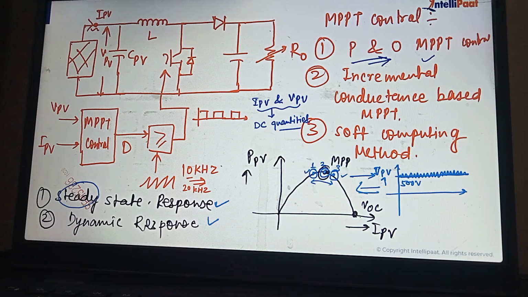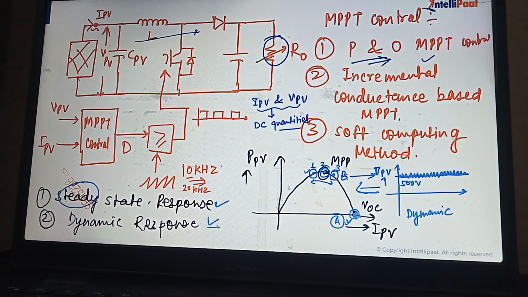Now, what is dynamic response? Dynamic response means I have a point at this particular MPPT, and I have not connected any load. Now I connect the load and suddenly try to supply some power to this load from this PV array. Suppose this is point A and this is point B. How fast it reaches point B from A represents the dynamic response of the system. How much time it takes to track this MPPT.